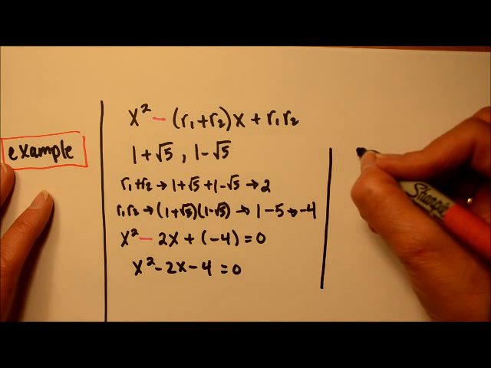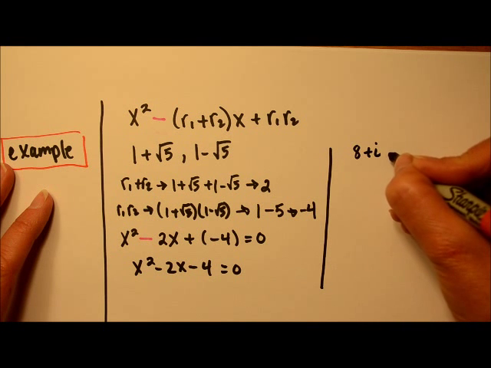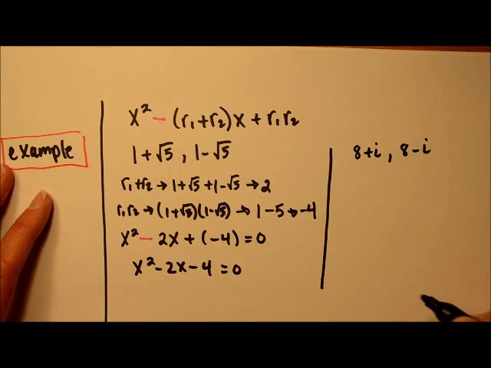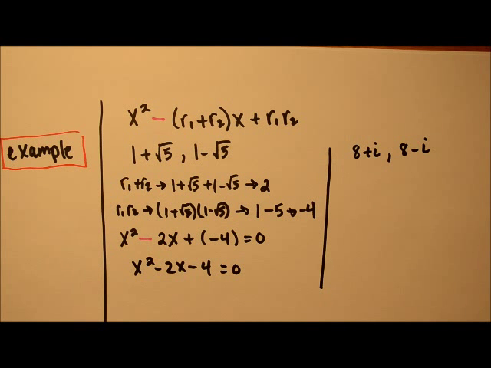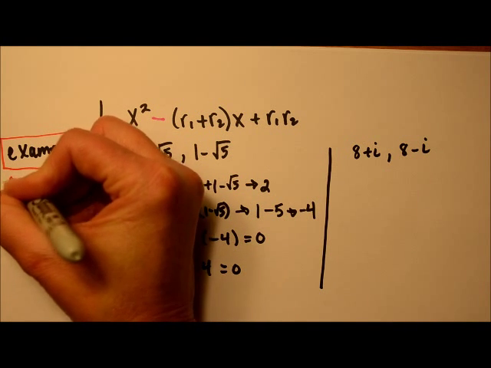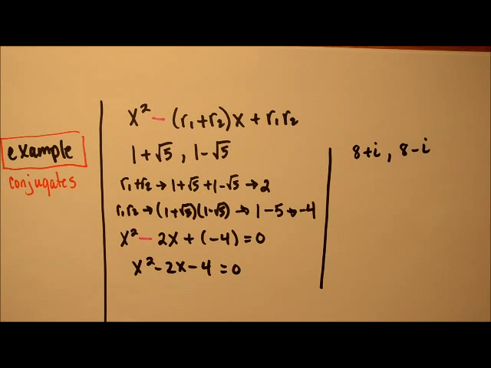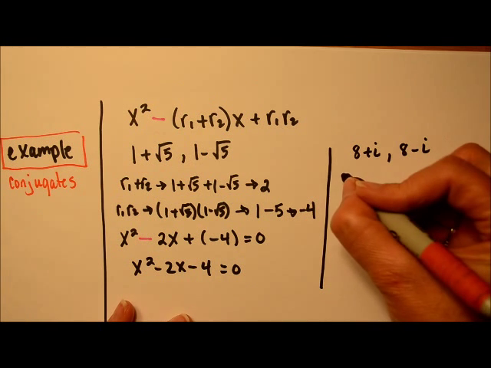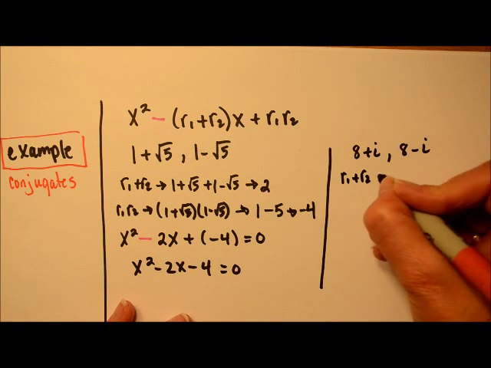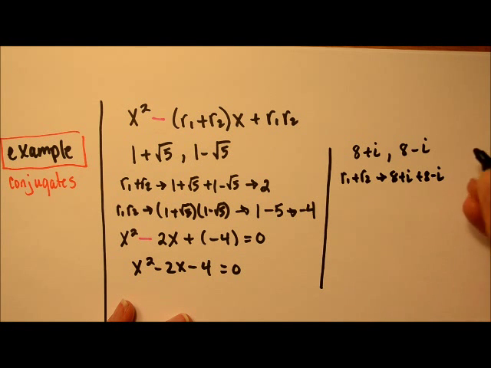Let's do another one that's conjugate. And we'll do an imaginary number this time. So I have 8 plus i and I have 8 minus i. Okay, so if you want to label these examples, these are examples of conjugates. Okay, R1 plus R2 would give me 8 plus i plus 8 minus i, which is just going to end up giving me 16, right?